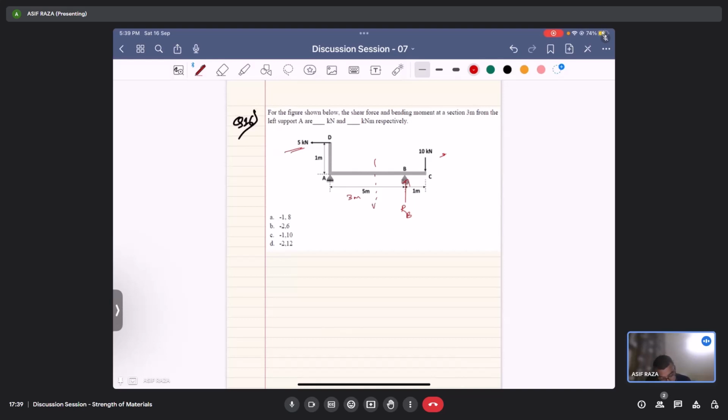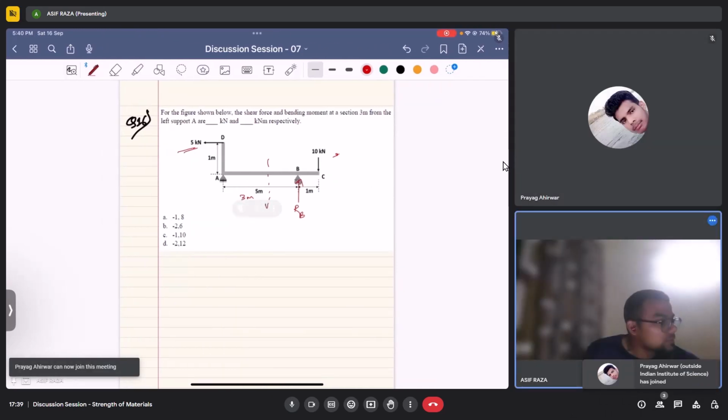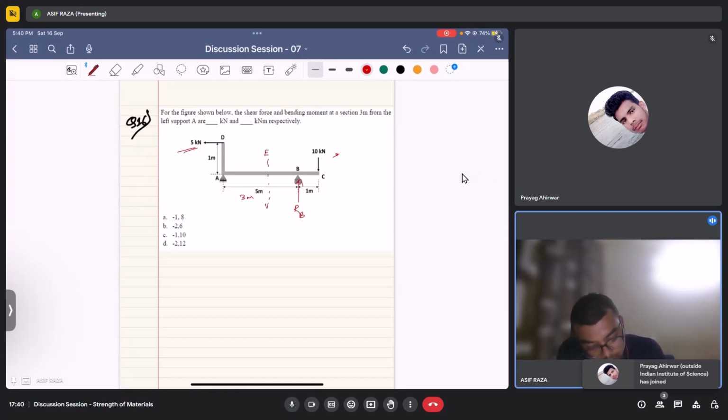If I would just say this as section E, we just need to find the shear force at E and moment at E. So for this, as I told earlier, I'll just take moment about A equal to 0.